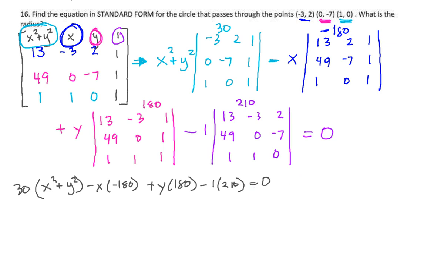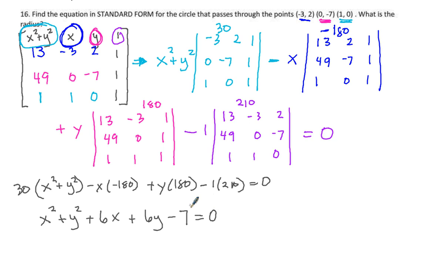So I'm going to divide everything by 30 so that I can eliminate my x squared and y squared coefficients. So I get the general equation, x squared plus y squared plus 6x plus 6y minus 7 equals 0.